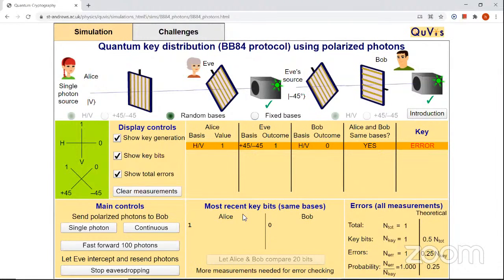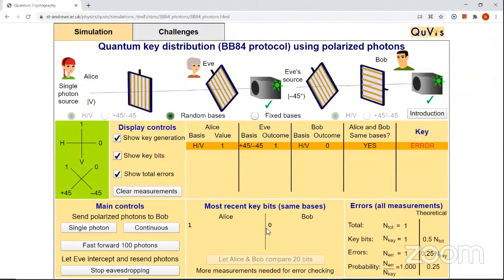It means if an error comes, then there is an Eve presence. So previously we have seen that if Eve is not present and their basis matches, then their bits also match because they will have the same thing on the same basis. In this case, error is happening because of the presence of Eve.